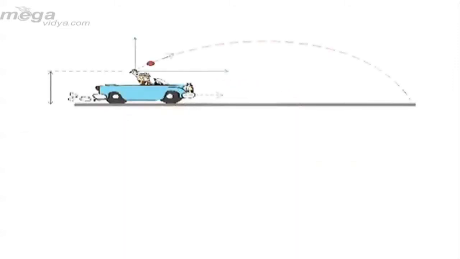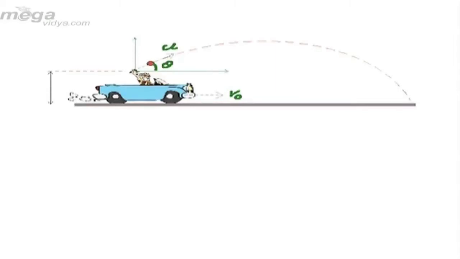Let us consider a car which is moving with velocity v naught along a straight road. The driver of the car throws a ball with initial velocity u relative to the car, in a direction making angle theta with the horizontal.